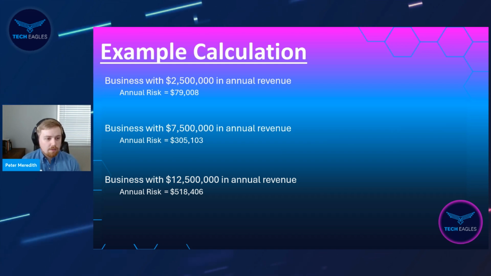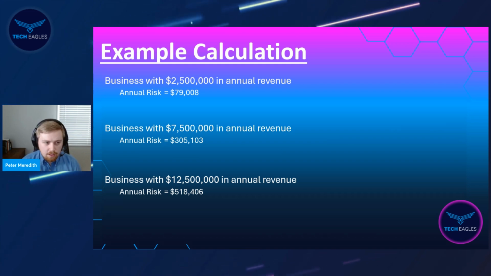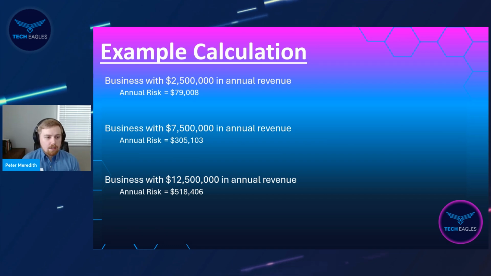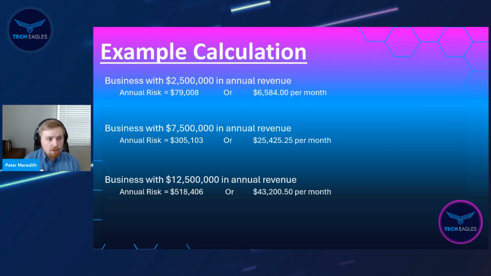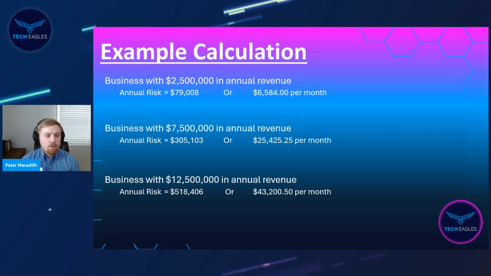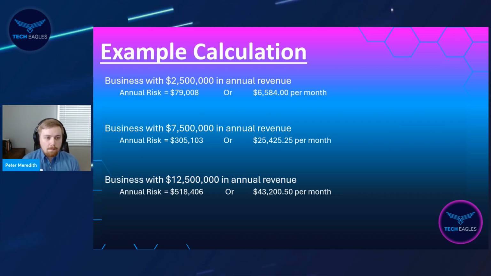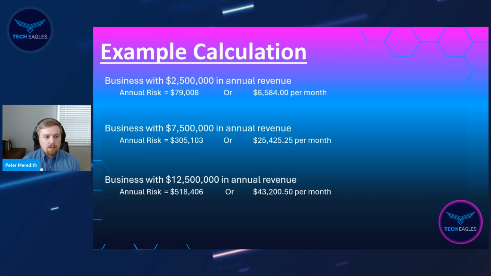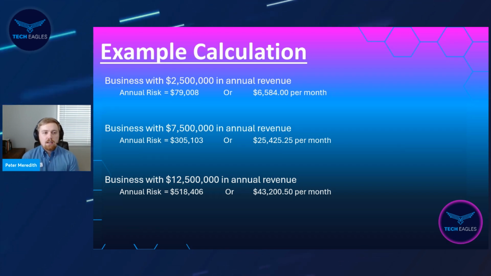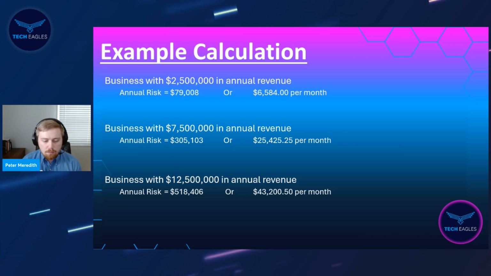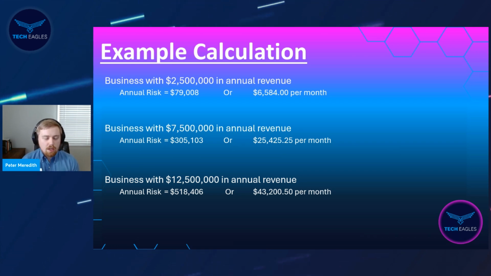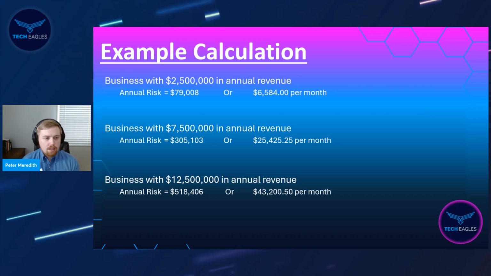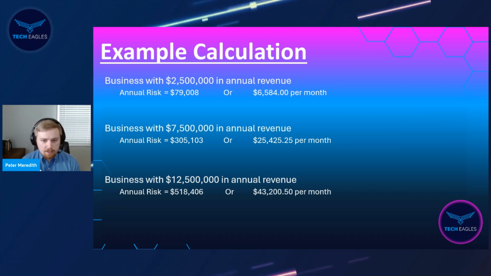And for a $12.5 million company, it's $518,000. So if you were to break that out into a monthly cost, you can see those numbers there. This is the mathematical value that you would need to set aside to cover the risk that your business has.